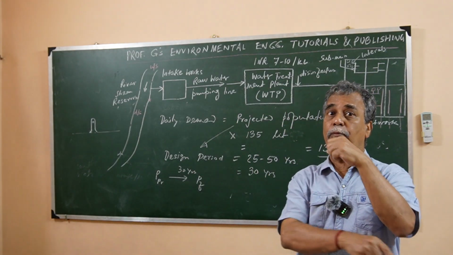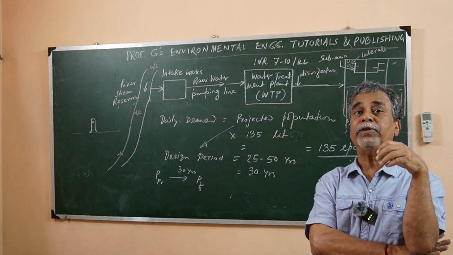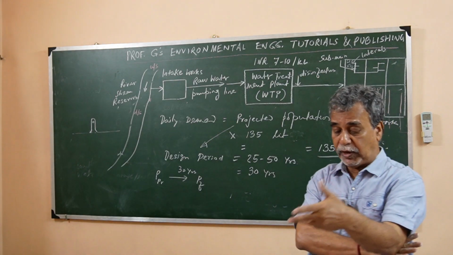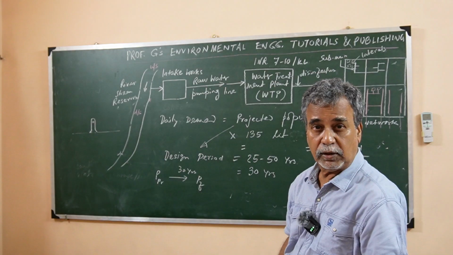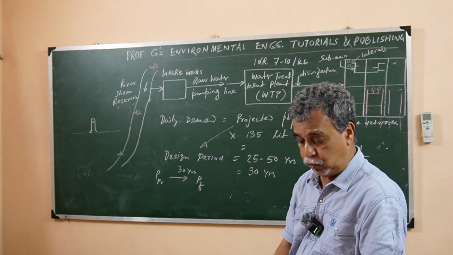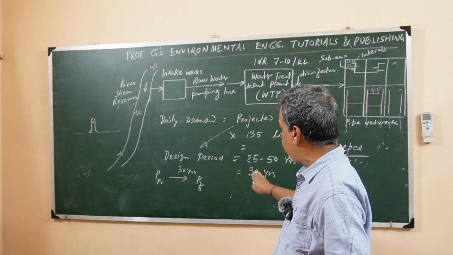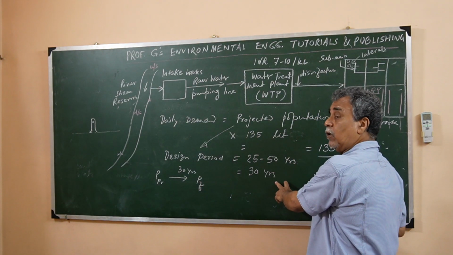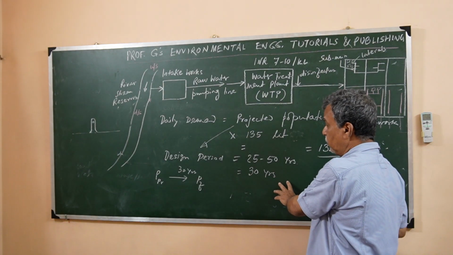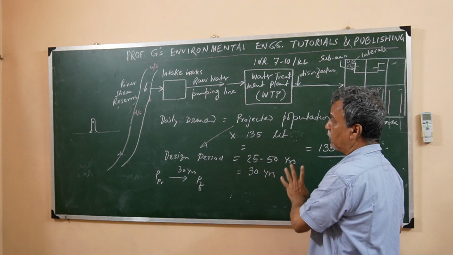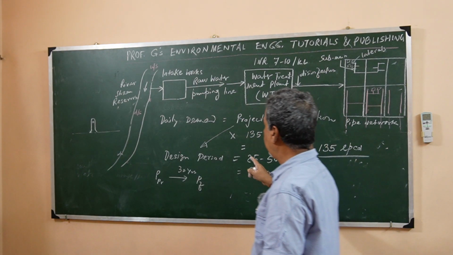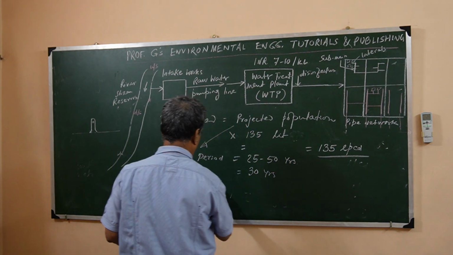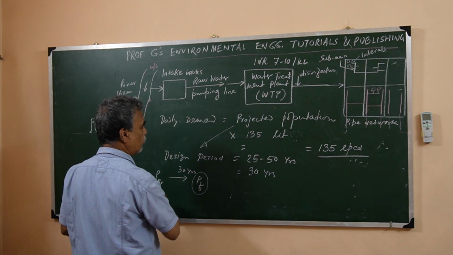For different components, different design periods are given, and you can get them in the CPHO manual that I have already shown you. The design period we usually take is 30 years or so, if not otherwise mentioned. So you design for the population after that period.